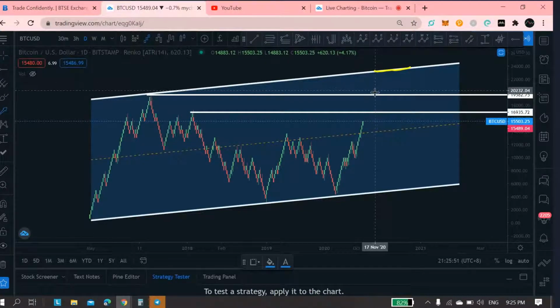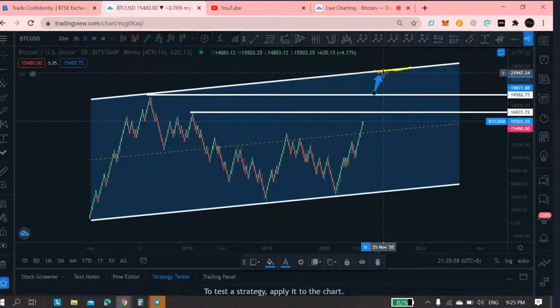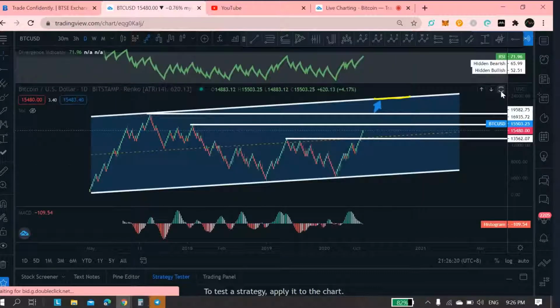Depends on where it tries to retest this area, but I'm expecting at least a possible more than 22,000 area. So let's see. For support, we can actually use the middle line here in the parallel channel, but the strong support I'm looking at is still the same at around the 13,500 or 13,600 area.